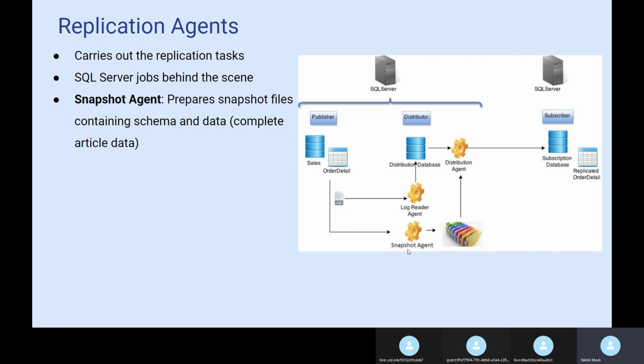But as you can understand, the snapshot agent and snapshot replication are different. The snapshot agent is nothing but doing a BCP out of a table. If you have a publisher, you're just doing a BCP out of a table and putting it into a flat file. And then the distribution agent copies this data to the subscriber.